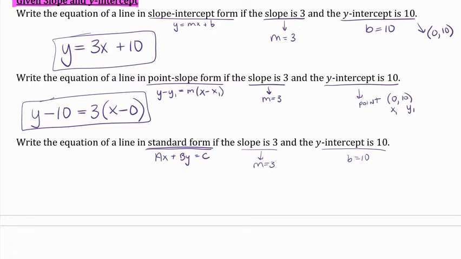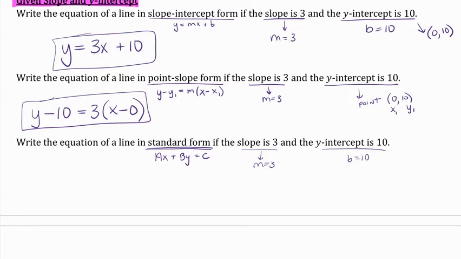Also, please remember that a is not x, b is not y, m is not x. These are all different letters. A lot of people will tell me, oh, 3 just goes next to the x, so it's 3x, and b looks like y, so I'll make it 10y, and then I'll just make c 0. You're making stuff up. That's not how you do this problem, okay? Standard form doesn't have any of that information in it.